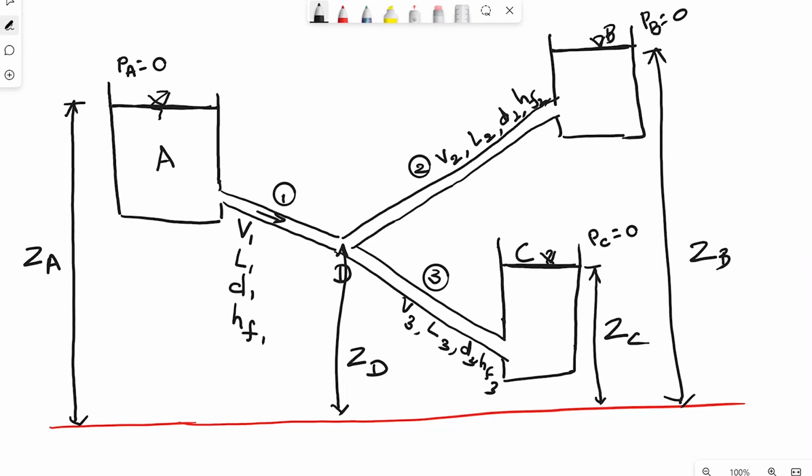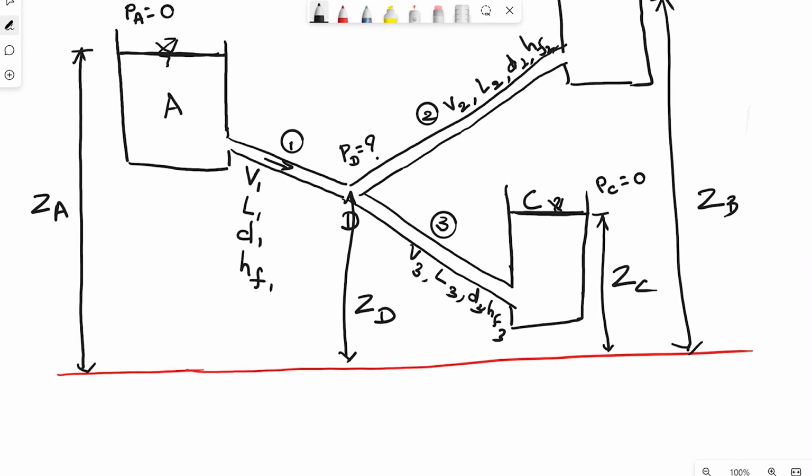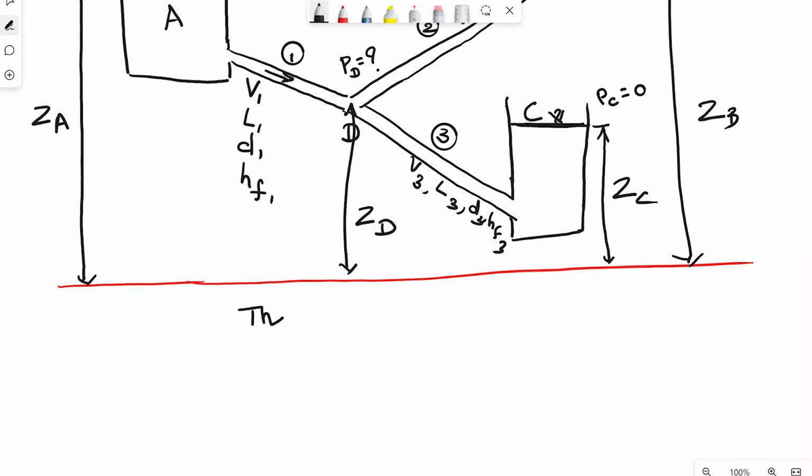So these three I know. But what is not known to me is PD. So the unknowns are the velocity here, the velocity here, and PD. These are the four unknowns.